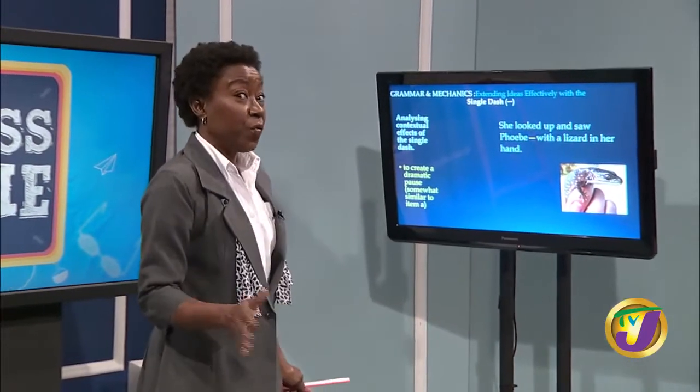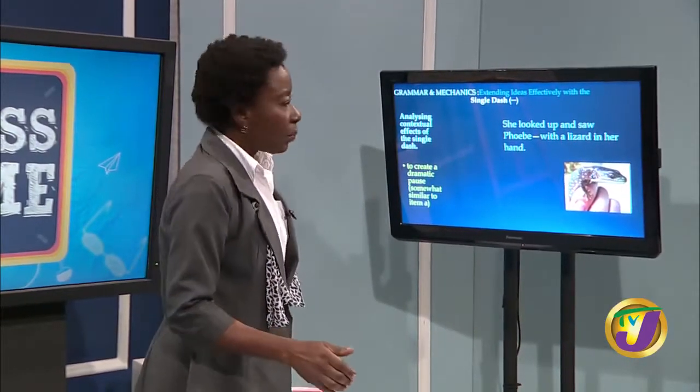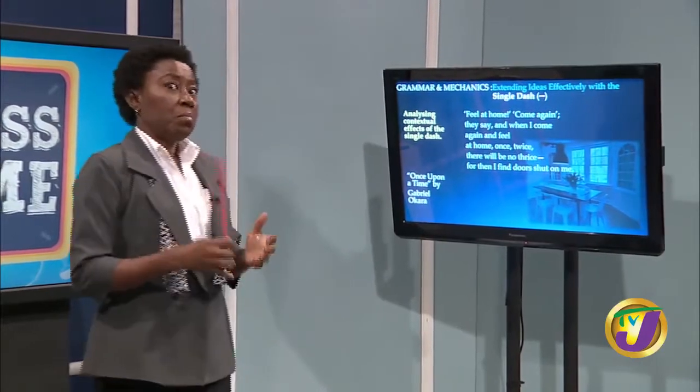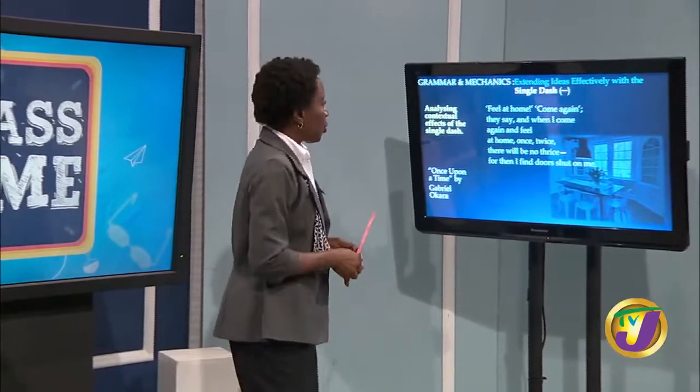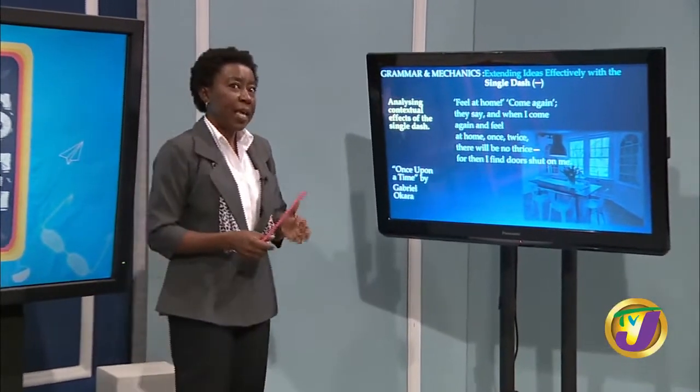So it's somewhat similar in a little way. The thought is unfinished, but it is also dramatic. All right? So those are the usages of the single dash that we are going to look at today.